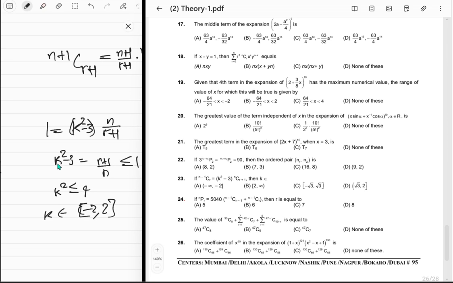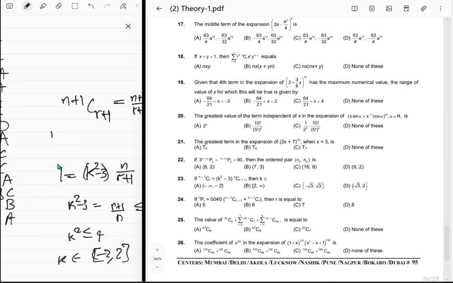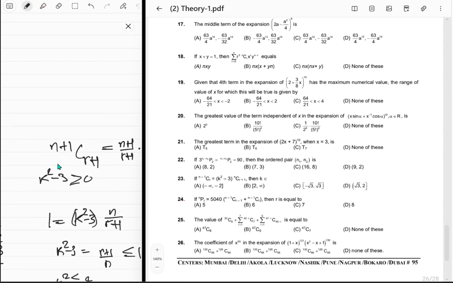Oh, okay. k squared minus 3 is also bigger than 0, right? So that quantity should be bigger than or equal to 0. So k squared is also bigger than or equal to 3, and that means k is either bigger than or equal to square root 3, or k is less than or equal to negative square root 3.